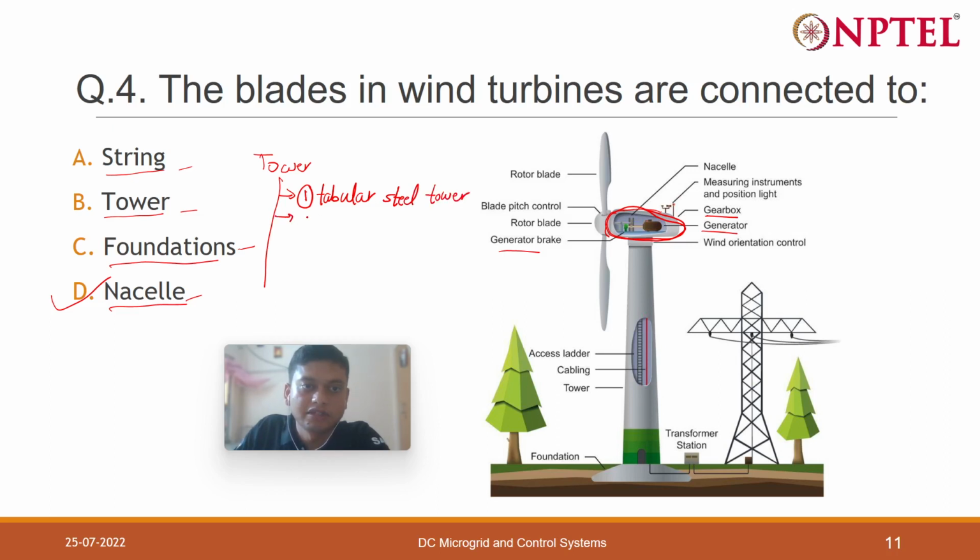And the second one is lattice tower. Third one is concrete tower. The first, tabular steel tower, is most often used. You can see in the figures. And fourth one is guyed tabular towers.